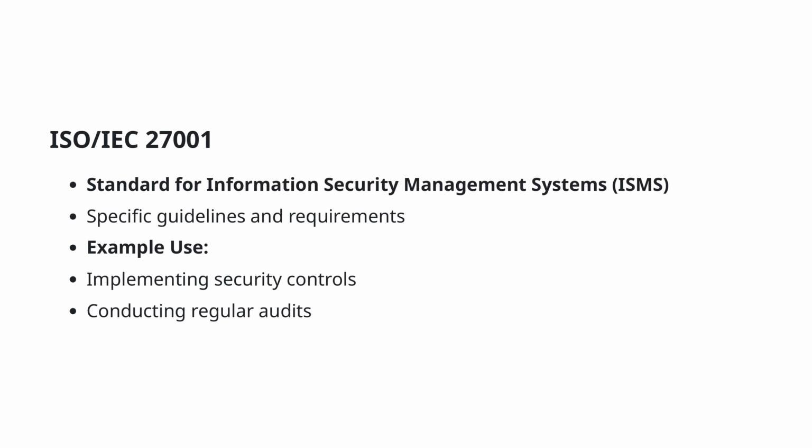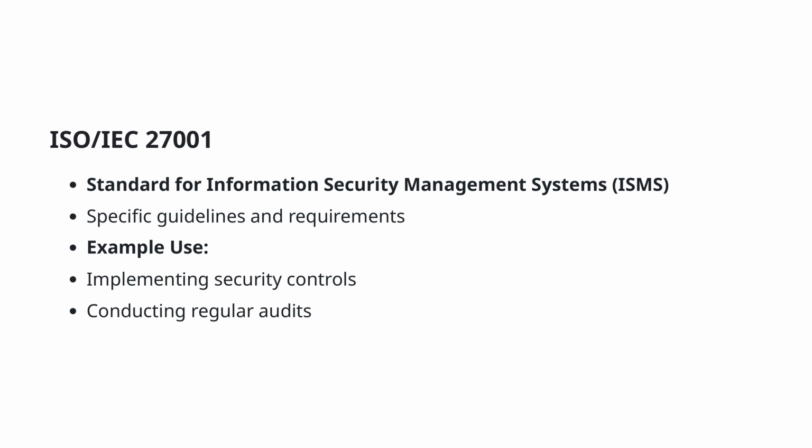This slide introduces ISO/IEC 27001, a standard set for Information Security Management Systems, or ISMS. This standard provides specific guidelines and requirements to help organizations manage and protect their information assets. For instance, ISO/IEC 27001 can be used to implement various security controls, ensuring that any potential risks are identified and mitigated effectively.